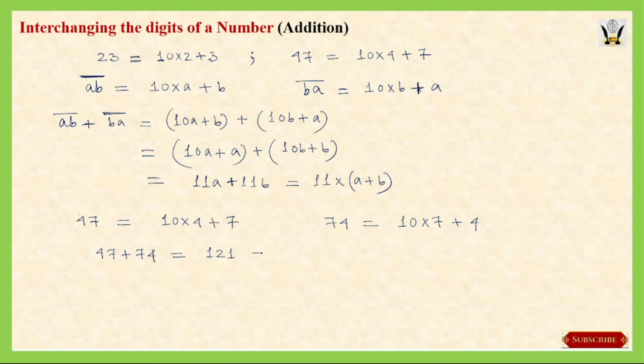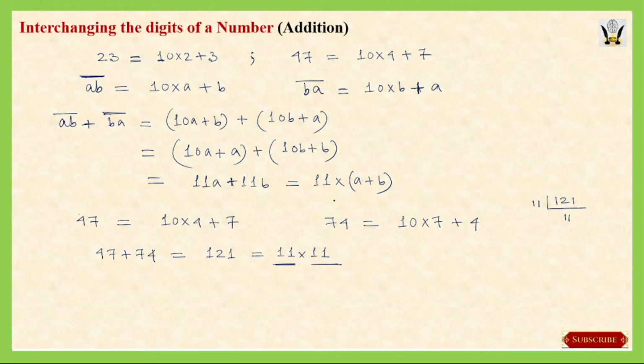And 121, how much? It can be further written as, if we factorize 121, then if we divide it by 11, it will be 11 only. That means 121 can be further written as 11 multiplied by 11. So here one factor is 11 and the other factor is also 11.